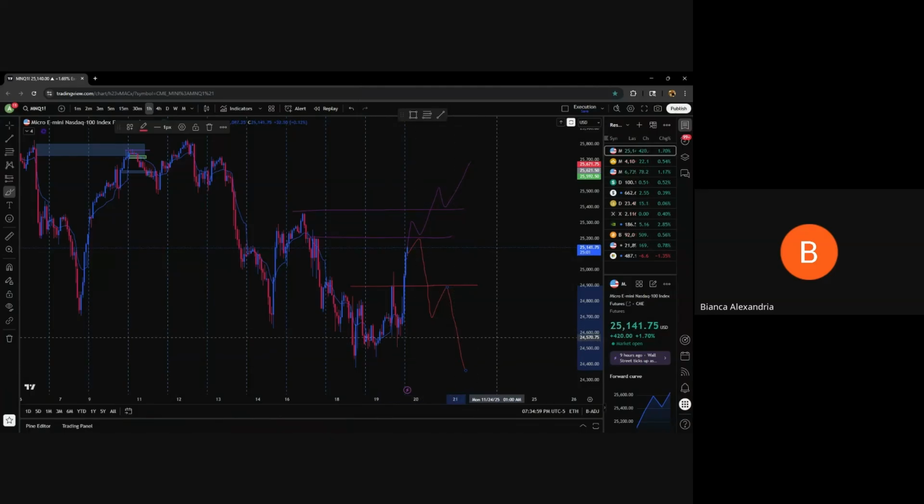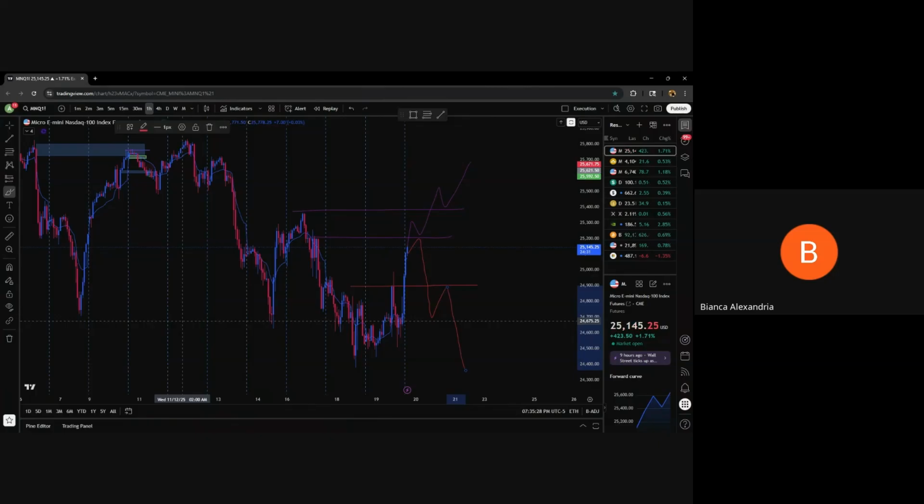What I wanted to get into today is how the Asian market is usually a consolidating market. London shows us a sweep, and then New York usually shows us the real move. That's another reason why I don't like to get into the charts before actual New York, because London might give a lot of volume in a certain direction, but it might be manipulation of price to engineer price to go in the opposite direction.